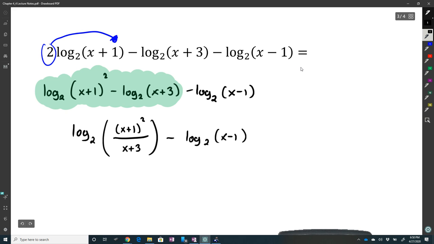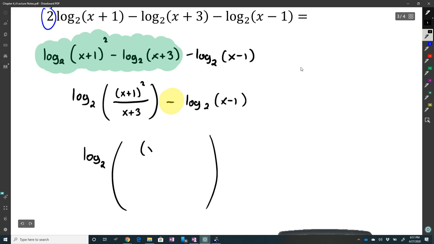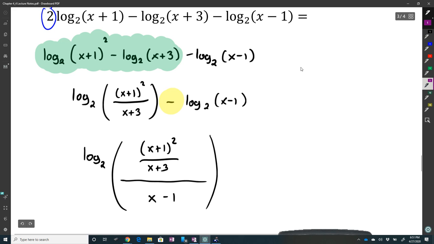and this is where people will get confused. Because now notice that this is another division. So we have 1 log, now again 1 log. And they have x plus 1 squared over x plus 3 divided by x minus 1. Okay? So, how do we do this?